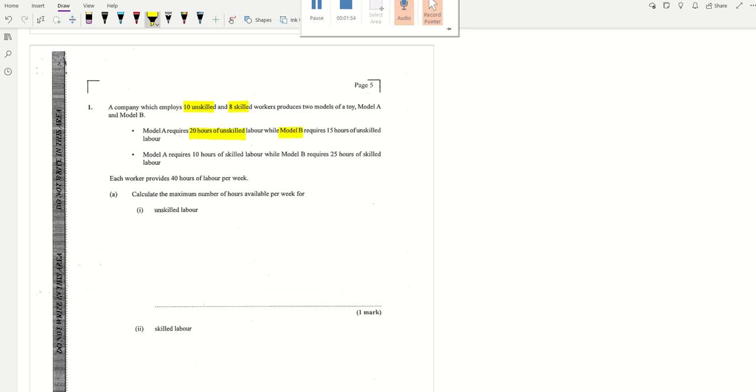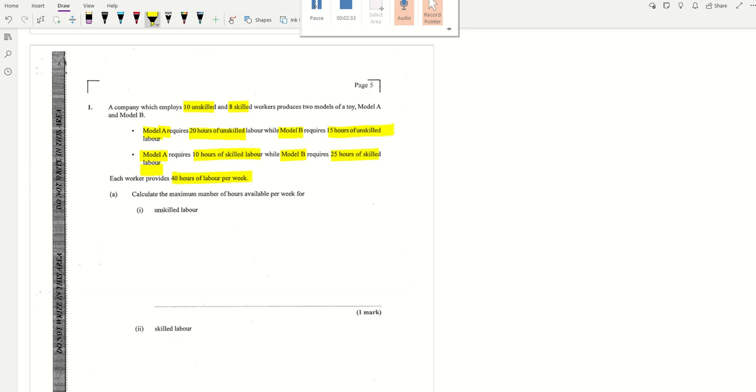Model A is 20 hours of unskilled labor and model B is 15 hours of unskilled labor. Model A is 10 hours of a skilled laborer, and model B is 25 hours of skilled labor. Okay, they said each worker, how long are they working for? 40 hours per week. Right?